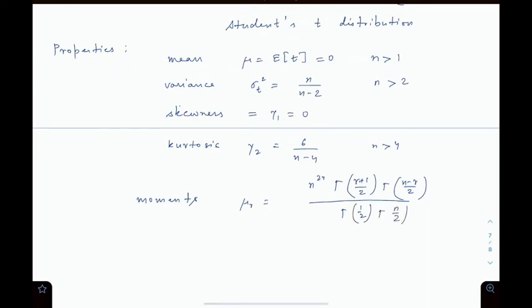So these ratios of gamma functions occur if r is even and r is less than n. The moments are 0 if r is odd and less than or equal to n. In all the other cases, the moment does not exist.